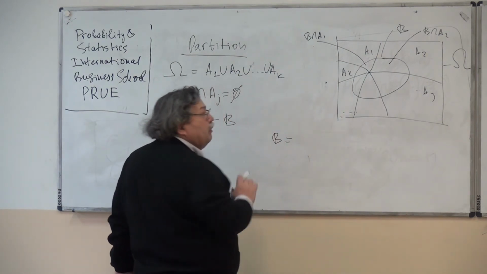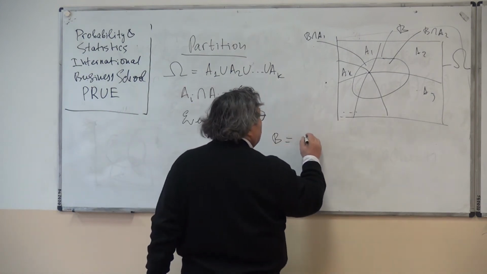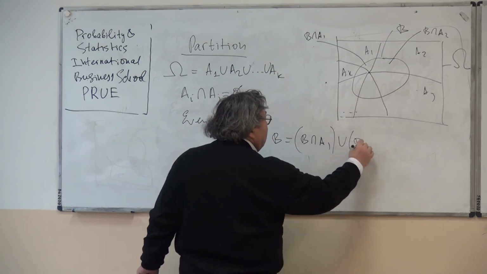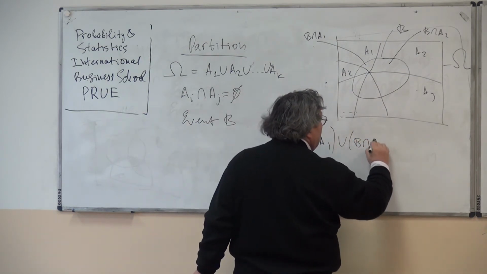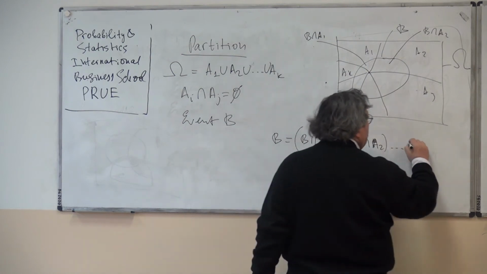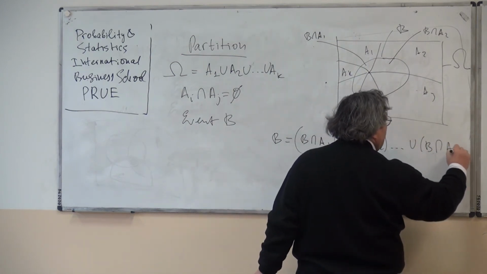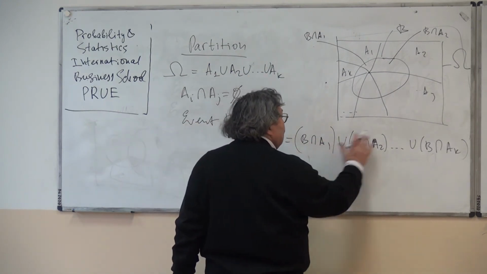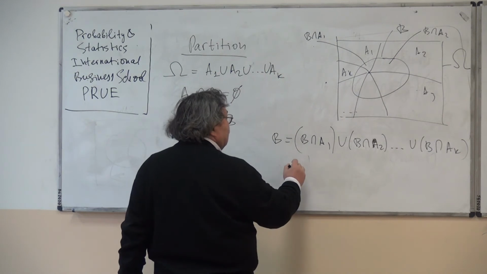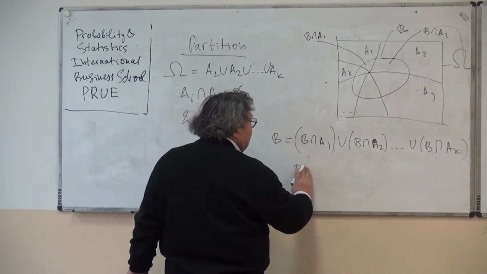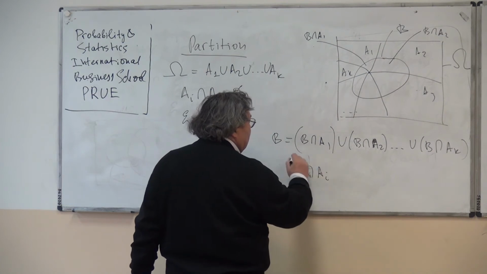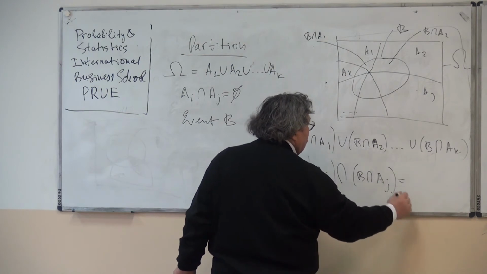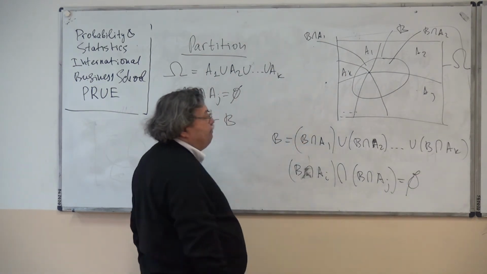So if we have a partition, then we can write B as B intersect A1 union B intersect A2 up to B intersect the last one of them, and then each two of these are mutually exclusive. So B intersect Ai intersect B intersect Aj is a null event.